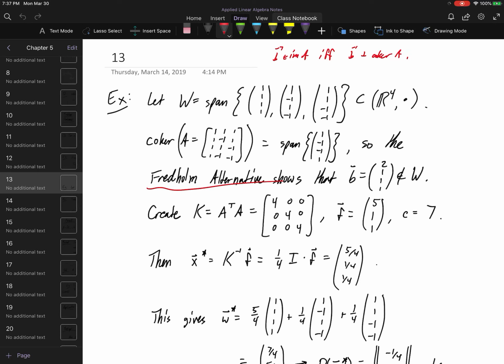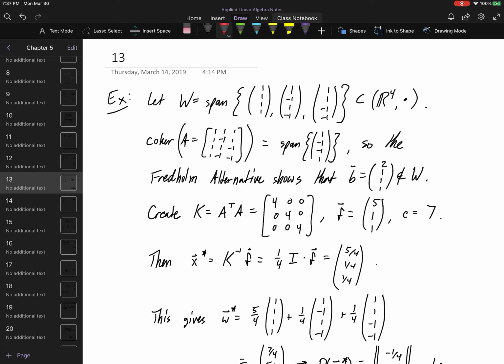This is the Fredholm alternative making an appearance, and it allows us to see that, okay, yes, we have a collection of linearly independent vectors. That's why this is a positive definite Gram matrix.